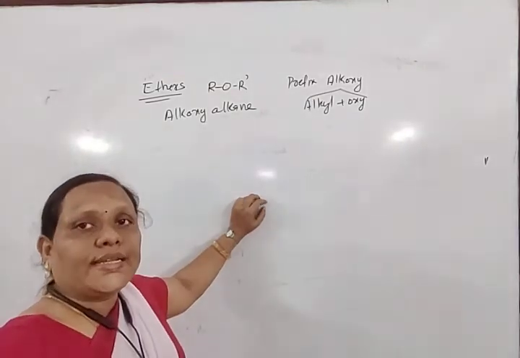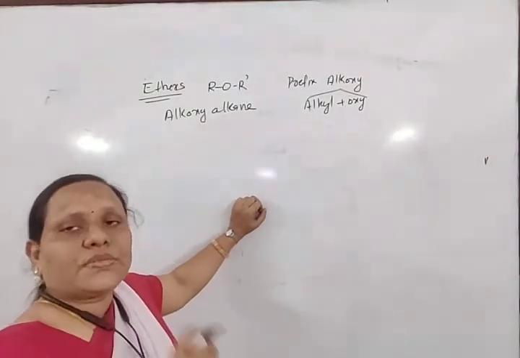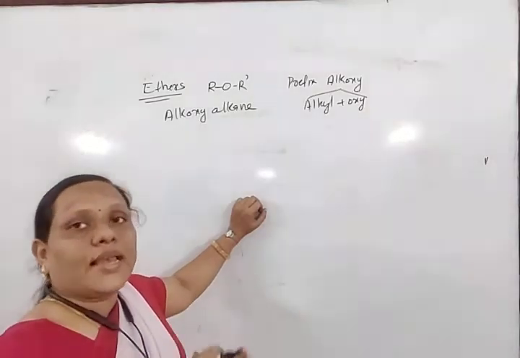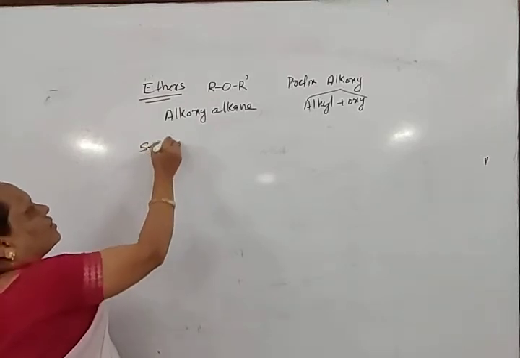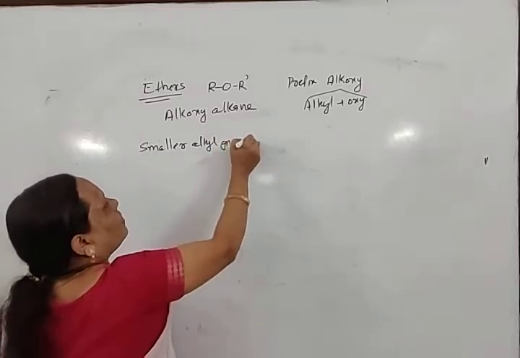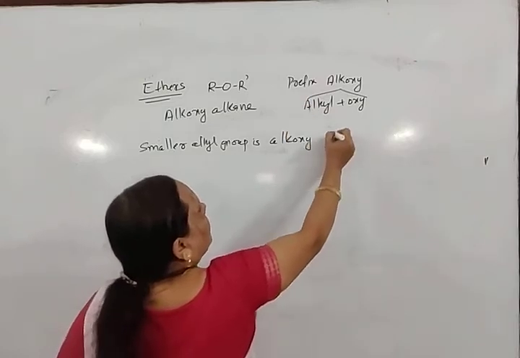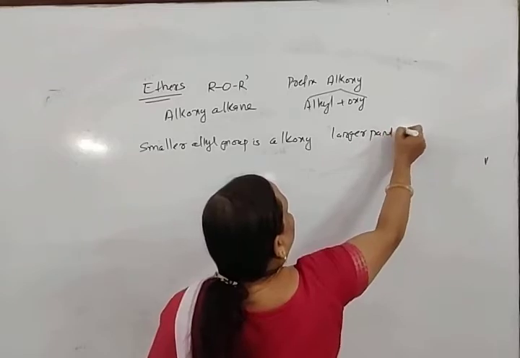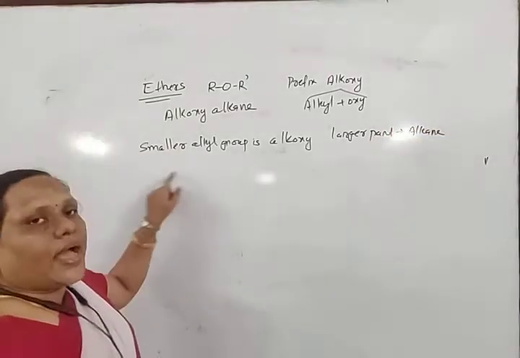But if different alkyl groups are there, then the smaller alkyl group is linked with oxygen as alkoxy, and the larger alkyl group, that means the one with more carbon, is known as the alkane part according to the IUPAC rule.